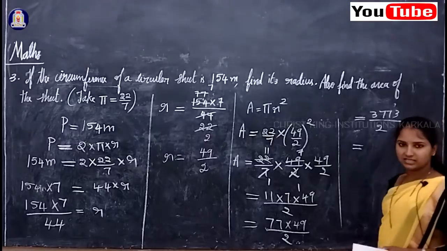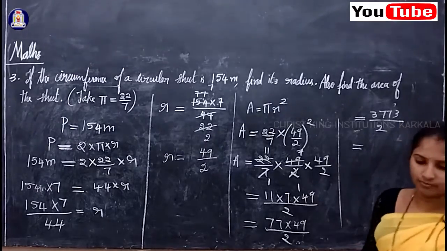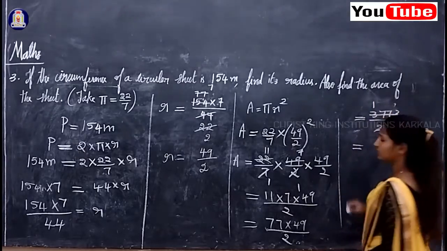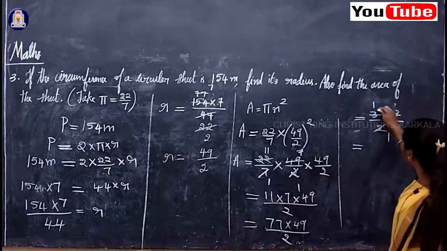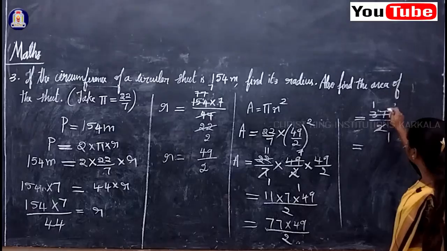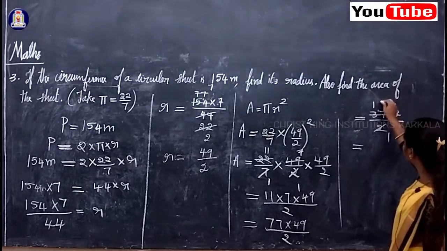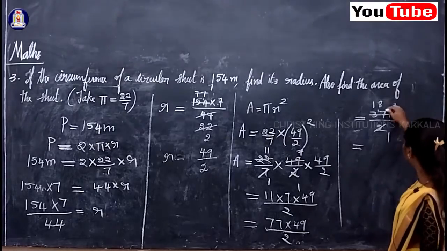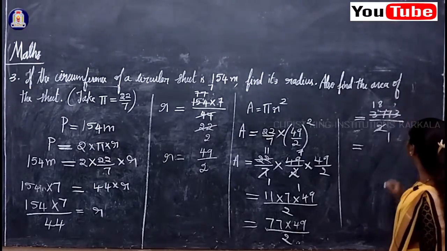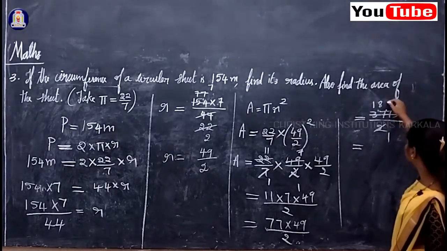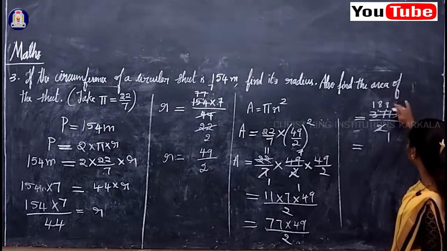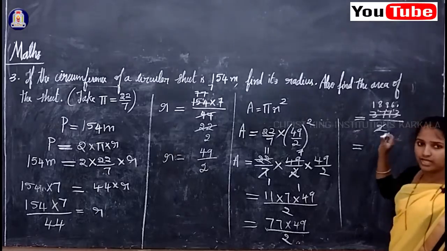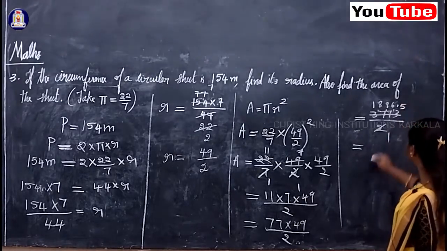Then again we can simplify by dividing by 2. 2 ones are 2, means 1 remaining. 17, 2 eights are 16, so 1 remaining. 2 sixes are 12, 1 remaining, so 10. 2 fives are 10.